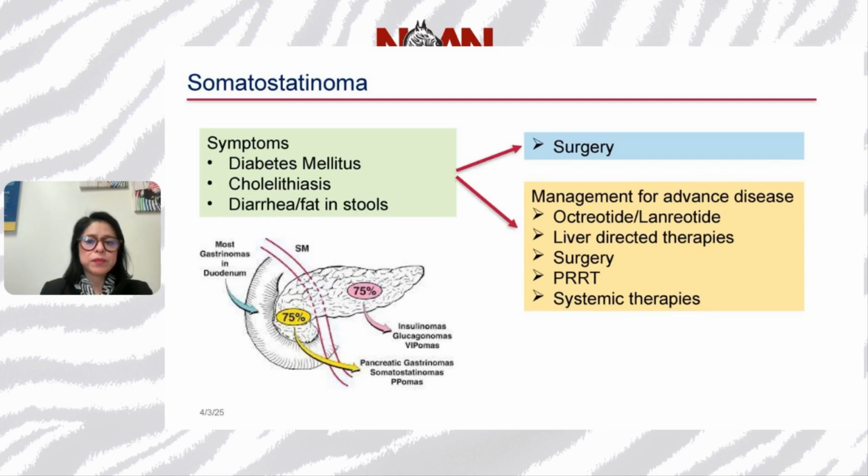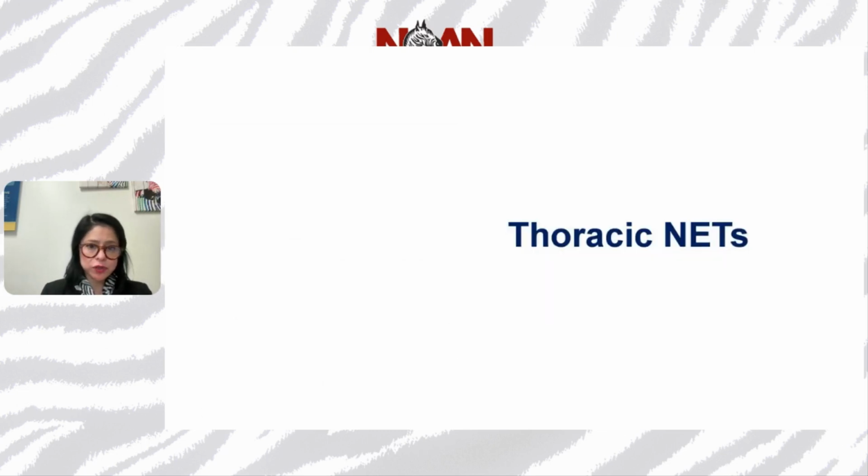Surgery is the treatment of choice if it's localized, but if the patient cannot have surgery or is in advanced stages, there are different therapies that can be recommended, but it's very important to discuss with your treating physician.